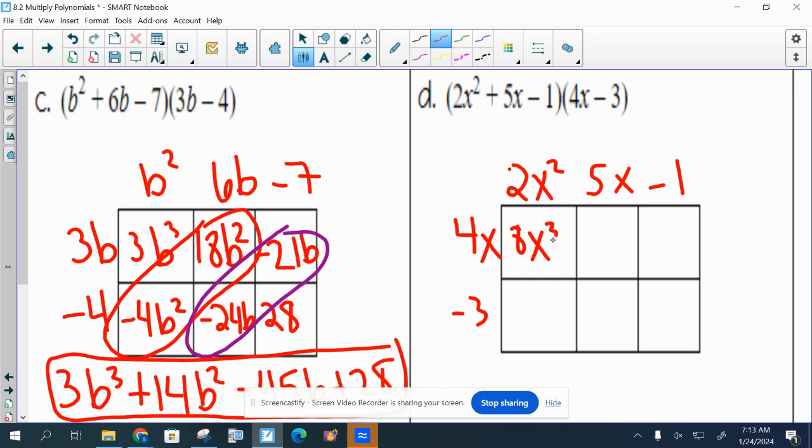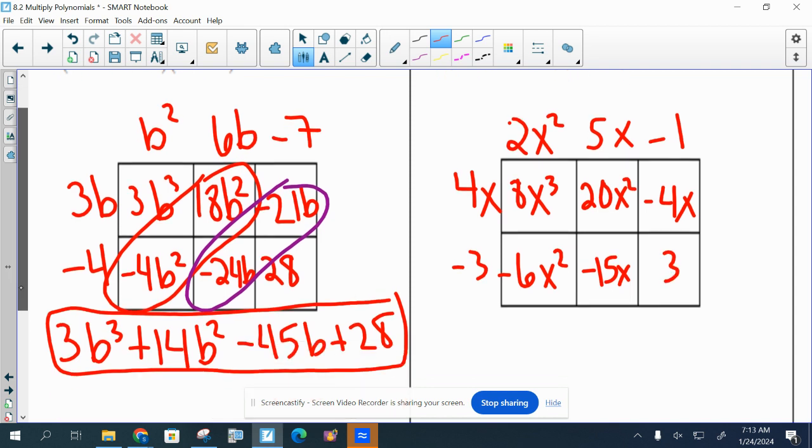The next box would be 20x squared, and the next box would be minus 4x. Then this box would be negative 6x squared. This box would be negative 15x, and this box would be positive 3.